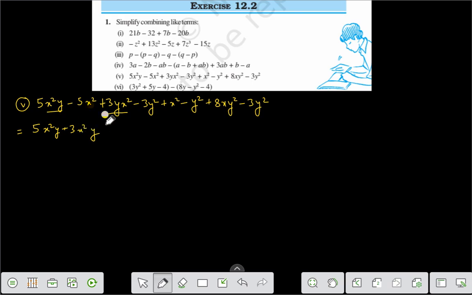Now minus 5x square plus x square, minus 5x square plus x square plus x square.